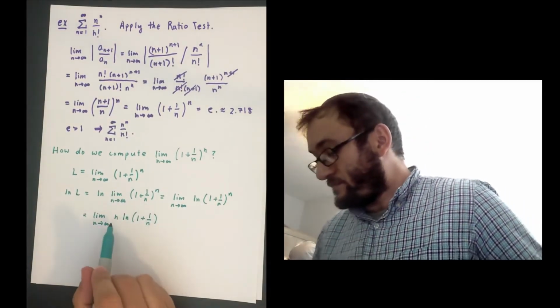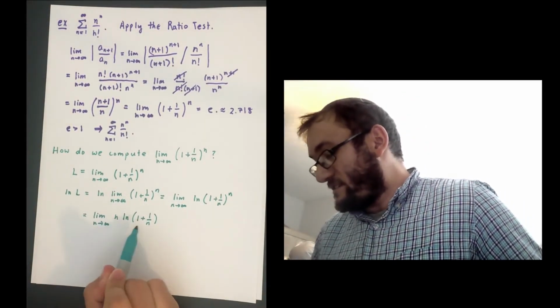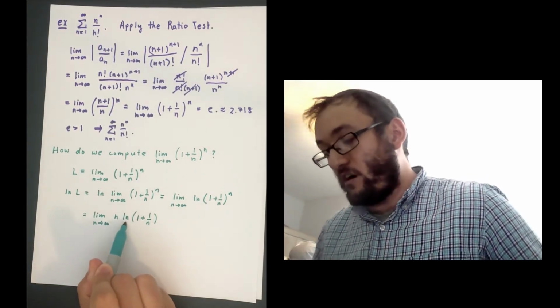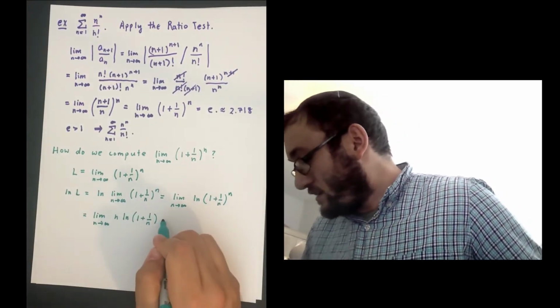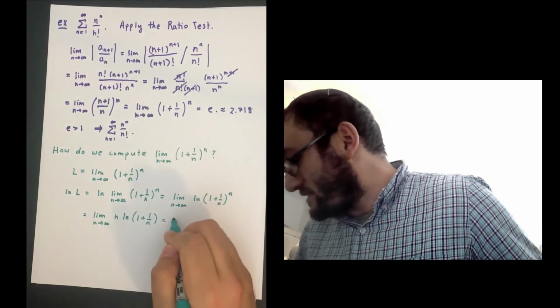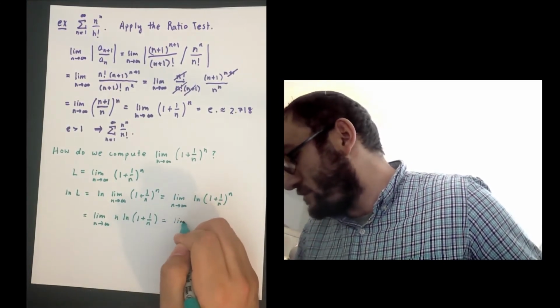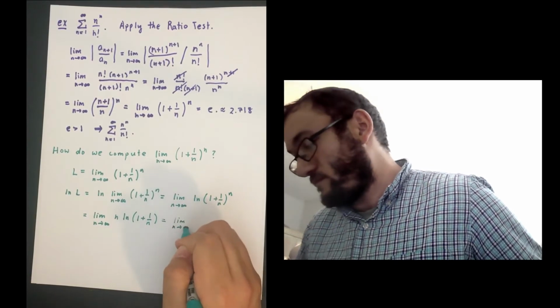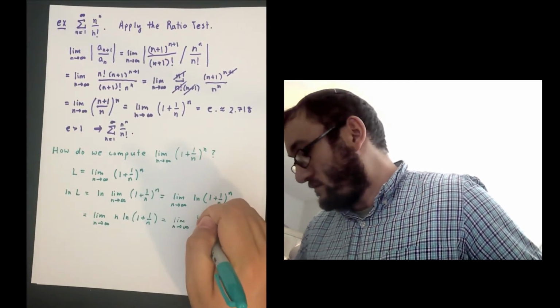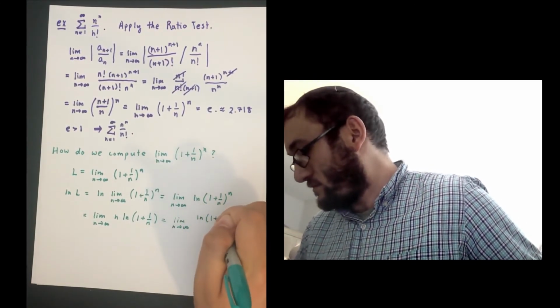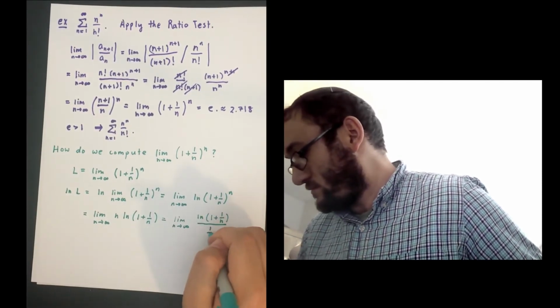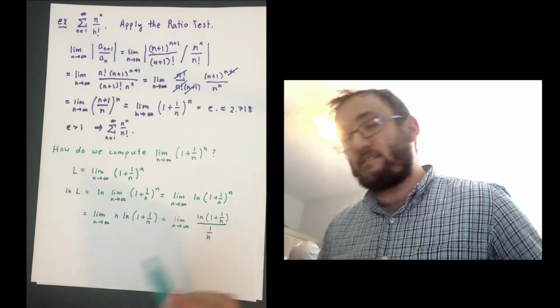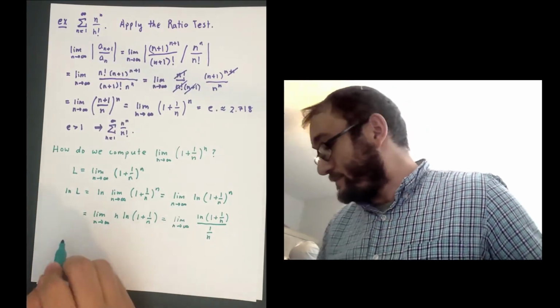And then, given this indeterminate form, because log of 1 plus 1 over n is going towards 0 and n is going towards infinity, we can express it in a form that's susceptible to L'Hopital's rule. Okay? Because multiplying by n is the same thing as dividing by 1 over n.